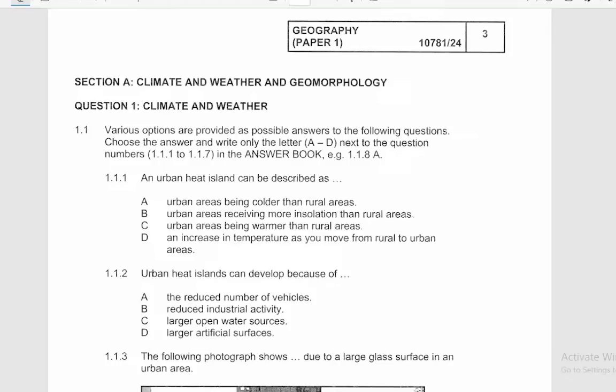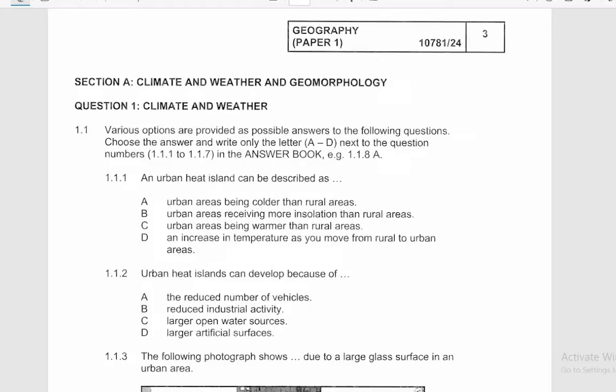If those emissions accumulate in the atmosphere above the urban area, that is a pollution dome. So I think you can see the difference. Urban heat island is about temperature, an urban area having a higher temperature compared to a rural area. With a pollution dome, we are looking at the concentration of pollutants over an urban area. So that's the distinction between those two.